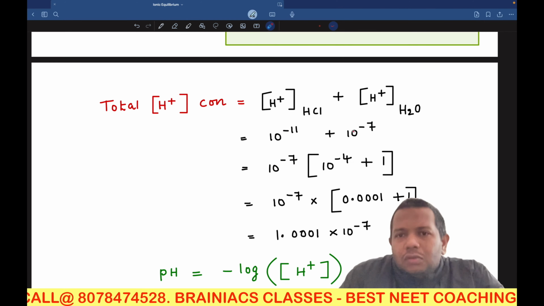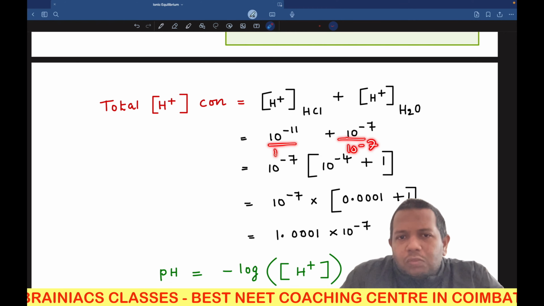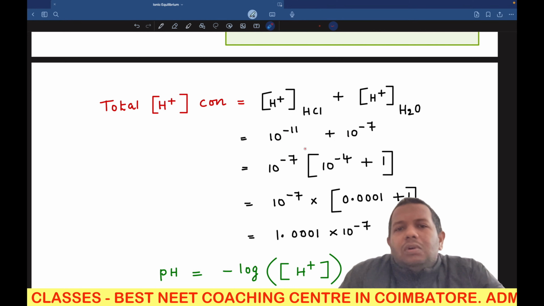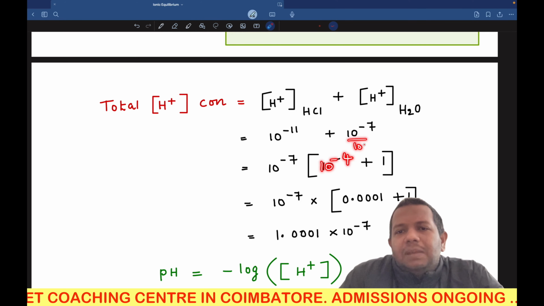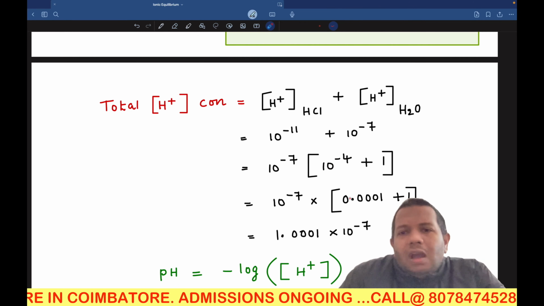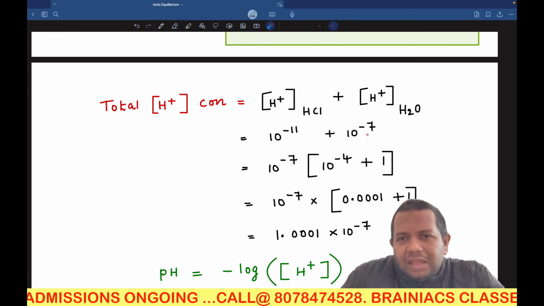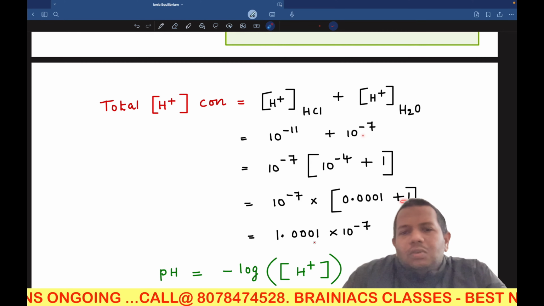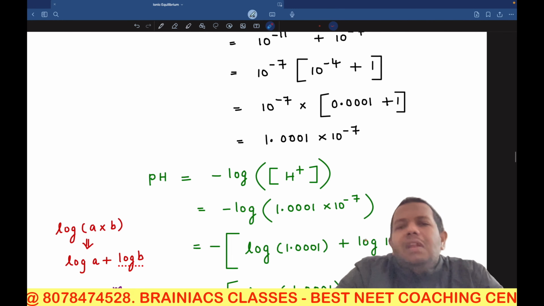It's mathematics: taking common means dividing by this value across both terms. Dividing here gives 10 power minus 4, and dividing by 10 power minus 7 here gives 1. Now 10 power minus 4 can be written as 0.001, plus 1, so you get 1.001 into 10 power minus 7.